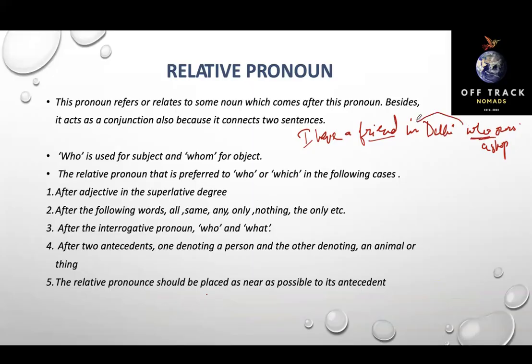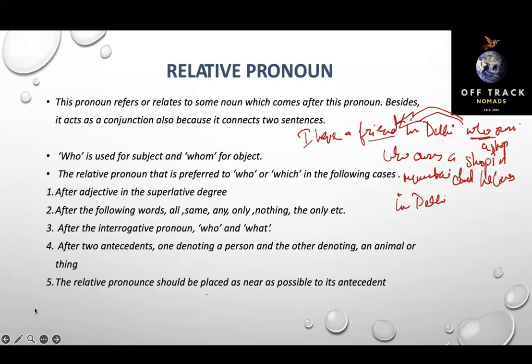Keeping this near the noun, I can write, I have a friend who owns a shop in Mumbai, and he lives in Delhi. Sorry, the writing here has become quite bad. I hope you understood the sentence, how we have to write.